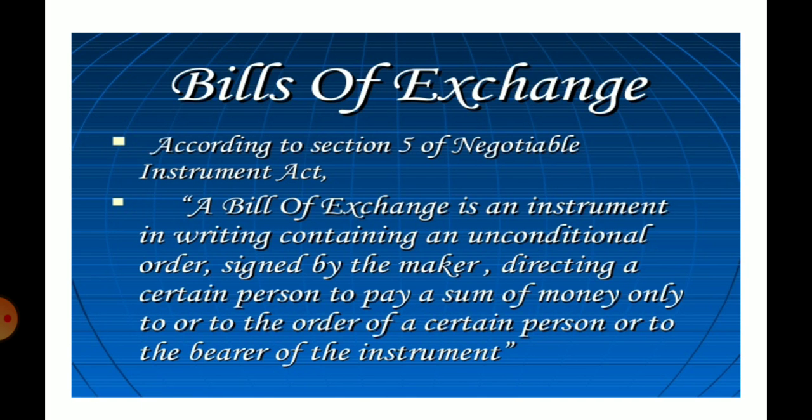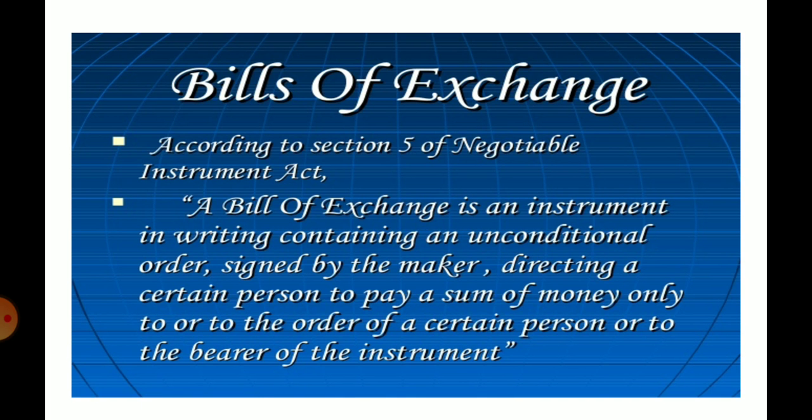So, what is a bill of exchange? A bill of exchange is an instrument in writing containing an unconditional order signed by the maker, directing a certain person to pay a sum of money only to, or to the order of, a certain person or to the bearer of the instrument. So, the first feature is that it must be in writing.